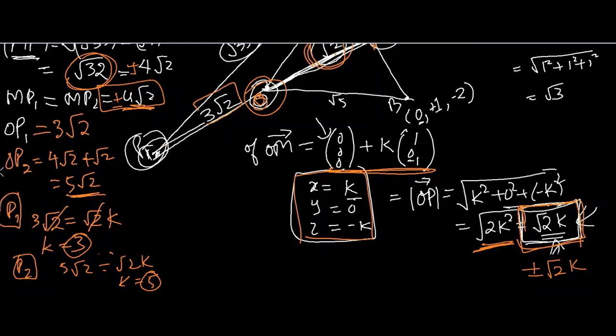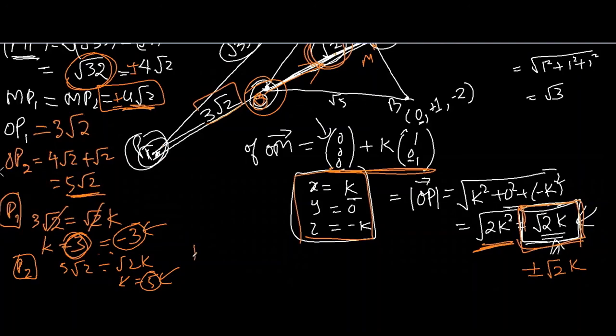Since this M is on this side and the P2 is on the same side, we will take this 5 as positive 5 because it is going in the same positive direction as M is going. It is multiple of M in that direction. But 3 is in opposite direction of M. That's why we should take it as minus 3. What we did not do here, we have to correct it here.